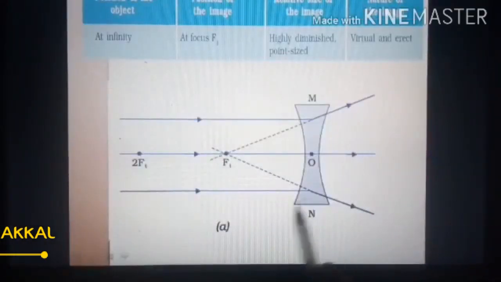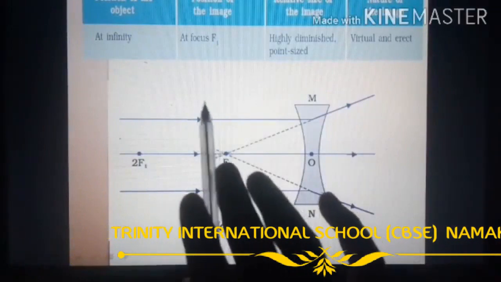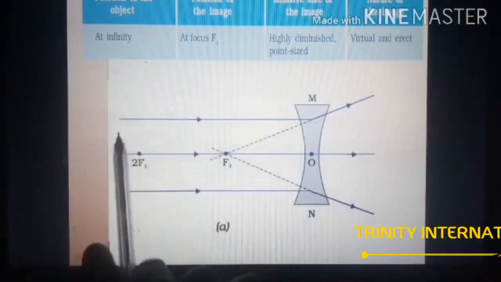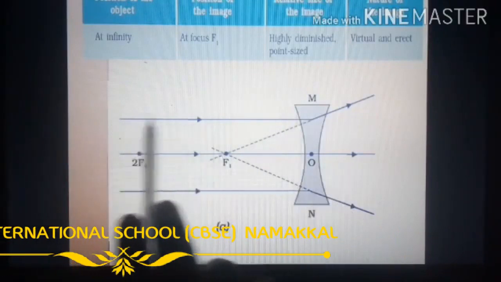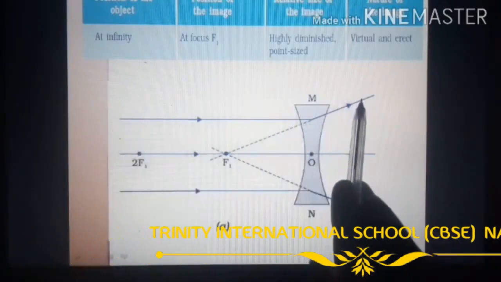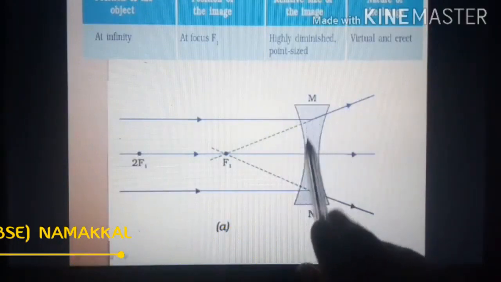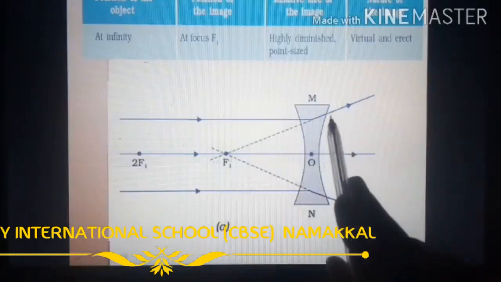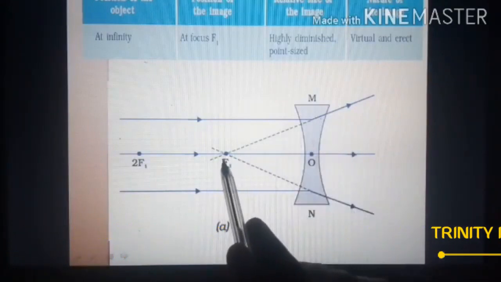For a concave lens, there are only two cases, only two positions. The first position is the object placed at infinity. Infinity means it will produce parallel rays. The parallel rays, we know, after refraction will diverge in this direction, which means they appear to diverge from the point F1, from the focus.